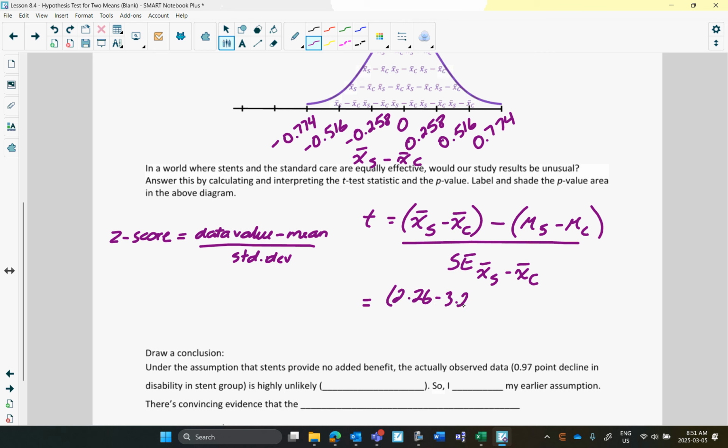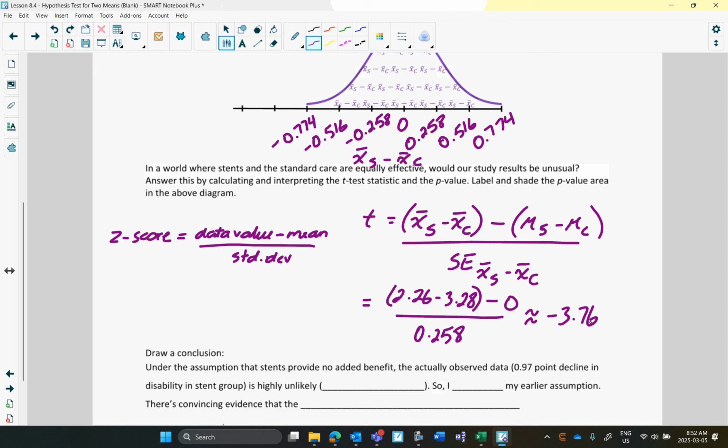Those are the average disability scores we got from each group. Minus the mean, which is 0, over the standard error, which we calculated already to be 0.258. And when you do that, you get approximately negative 3.76. Well, the negative just means it's 3.76 standard errors below.